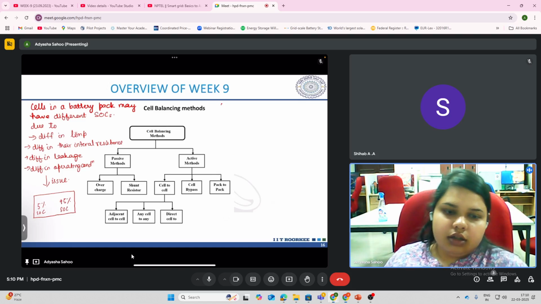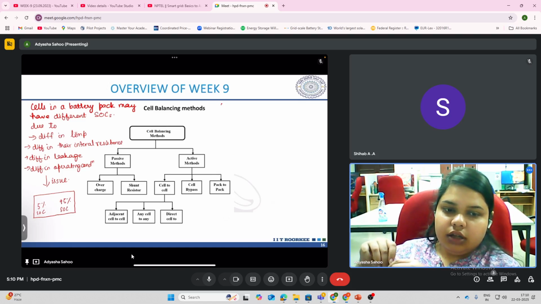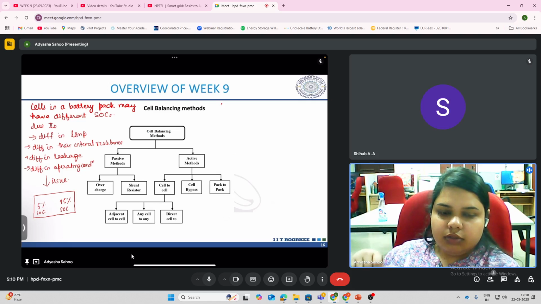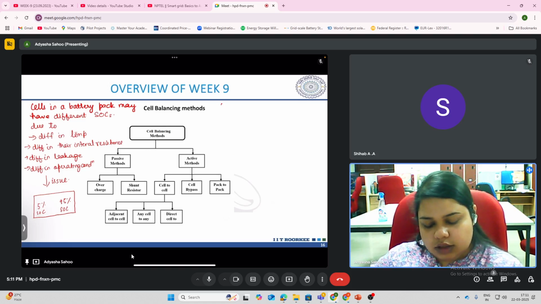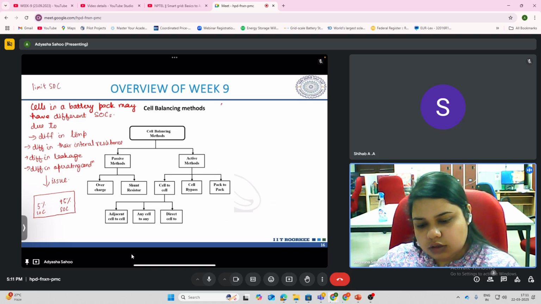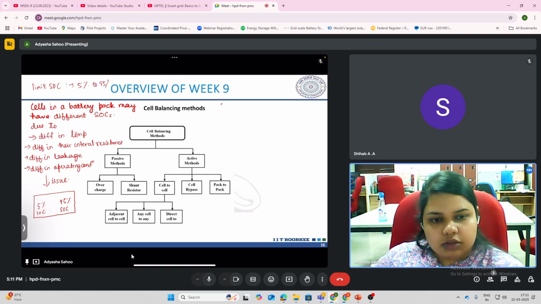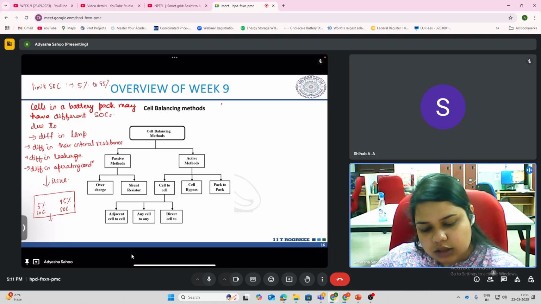We know that it is not recommended to discharge a cell below a certain limit and similarly to charge a cell above a certain SOC. Let's say the limit of SOC for safe operation is between 5% to 95%. Then such a battery pack can neither be charged nor be discharged.